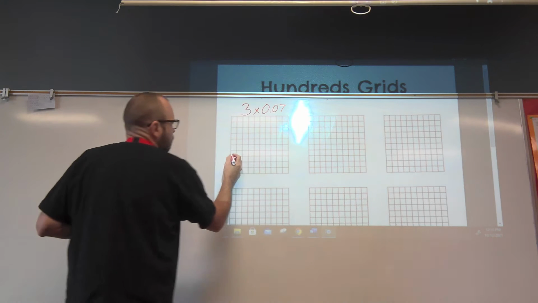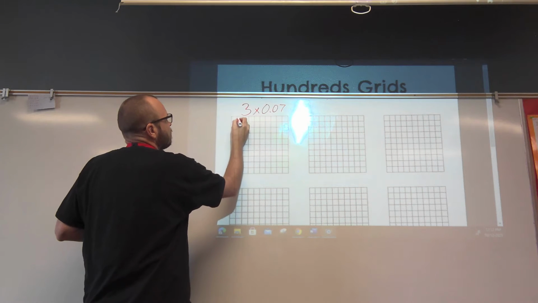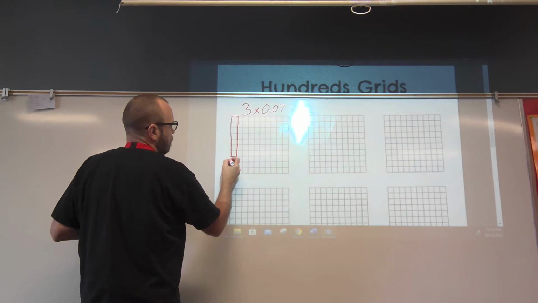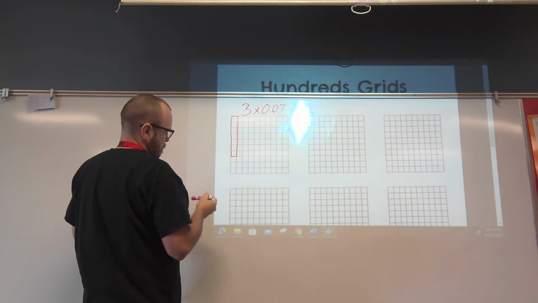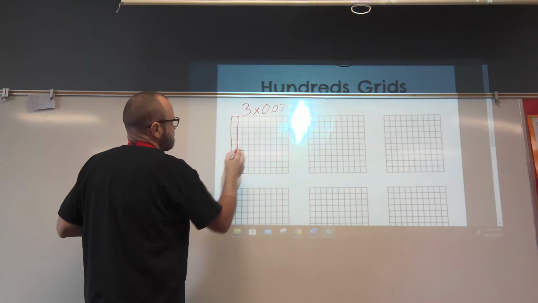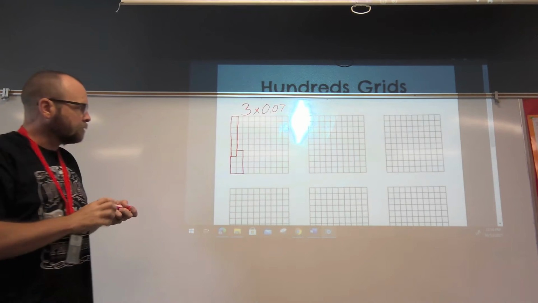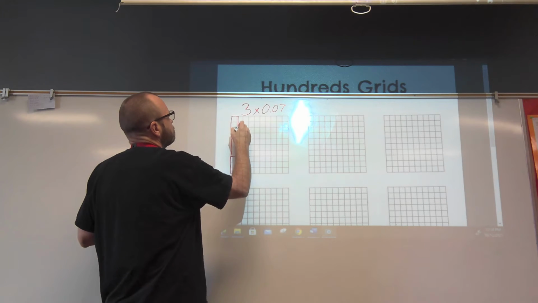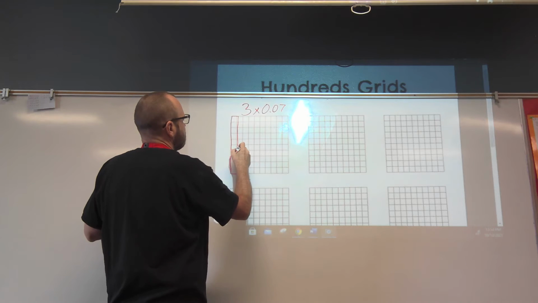So here's one of my groups of 7/100ths. Then I have 3, 4, 5, 6. Here's my second group of 7/100ths. And then a third group of 7/100ths. 1, 2, 3, 4, 5, 6.